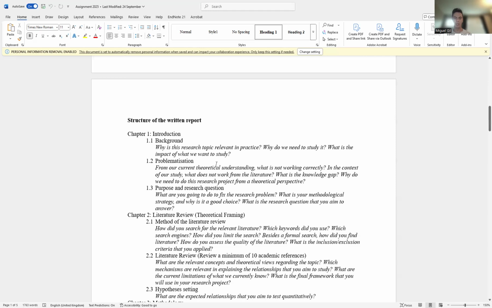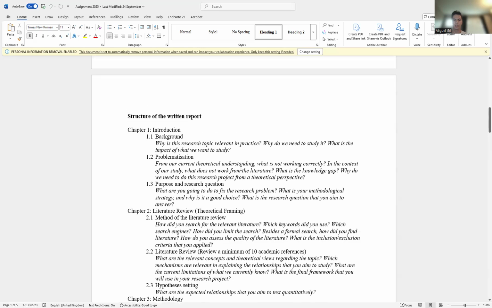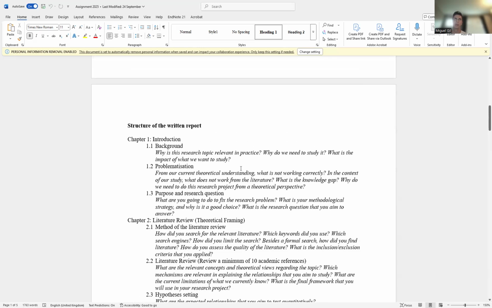Then the problematization is the one that I think is more difficult. In the problematization, I think that you need to be critical and understand a little bit of the literature. So maybe this will evolve as you do your literature review. You realize what we know, what we don't know, how you can challenge these kinds of things.